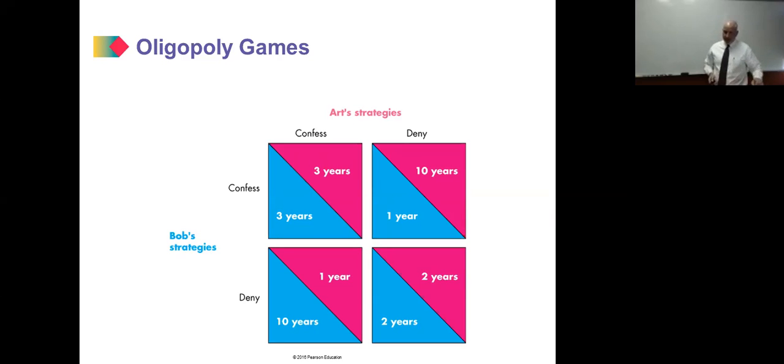I'm still in a sports mode. Okay, so here we see our payoff matrix. Everyone, if Bob confesses and Art confesses, what happens? Both get 3 years. What happens if Art denies and Bob confesses?